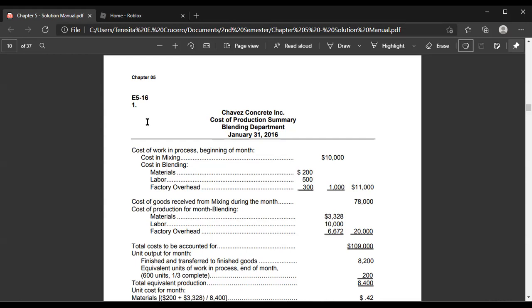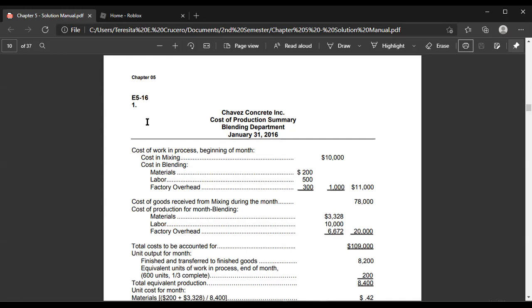So in other words, in problem 15, these are the data that we are going to use in answering problem 16. So we now have the cost production summary, or sometimes we call this the cost of production report. Take note that in number 16, we are asked to prepare a cost production summary for the blending department.